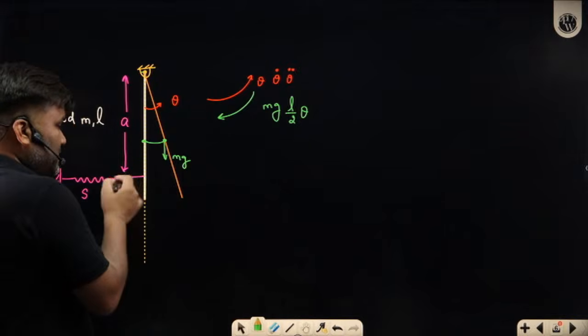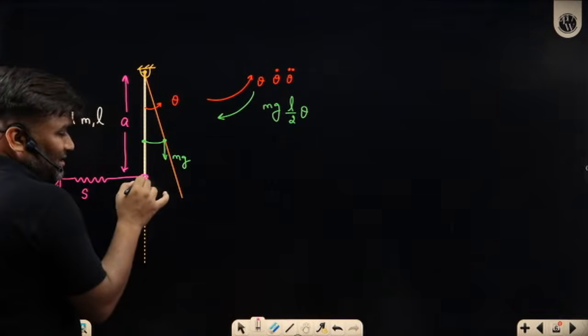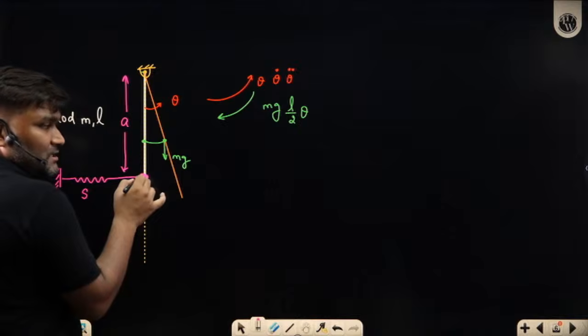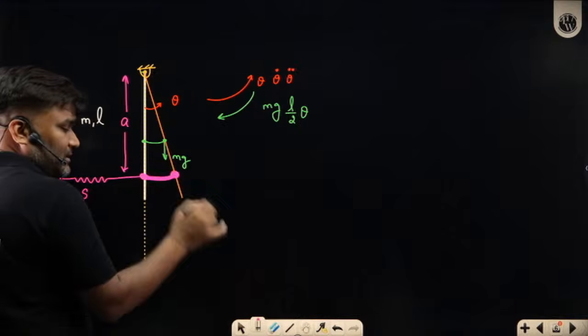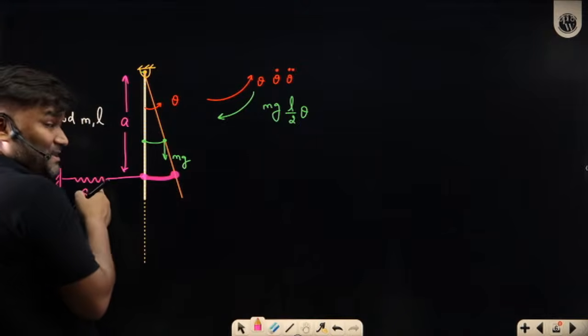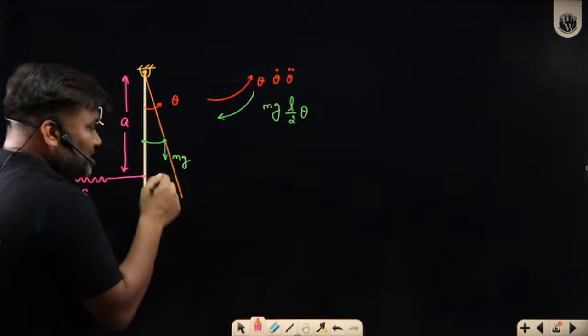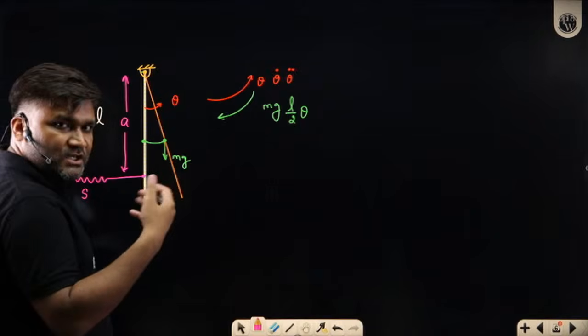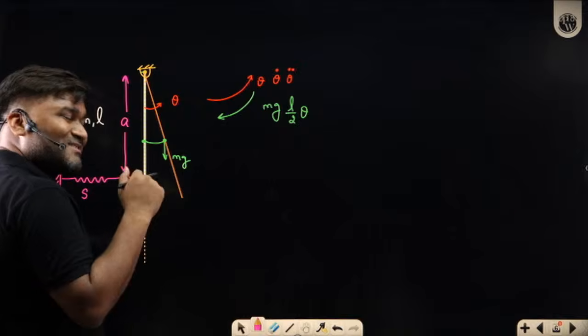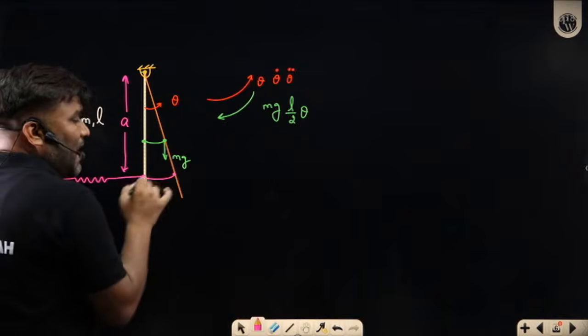Another thing, I think this spring is also here. A spring was connected here, and this point has moved to this location. So what will be the force? This is a linear spring, its tendency is to apply forces. If it feels any deflection, elongation or contraction, it resists that. So this point has moved here in the form of an arc.